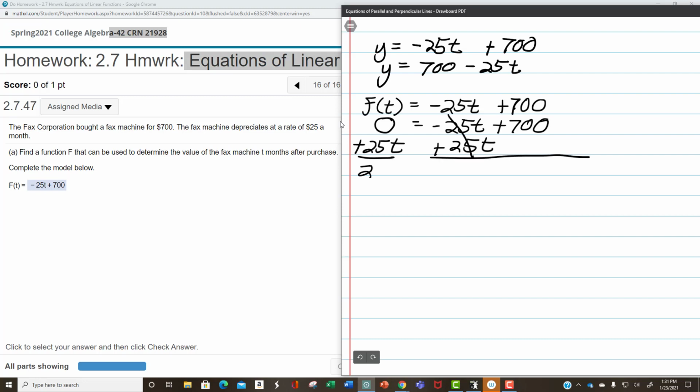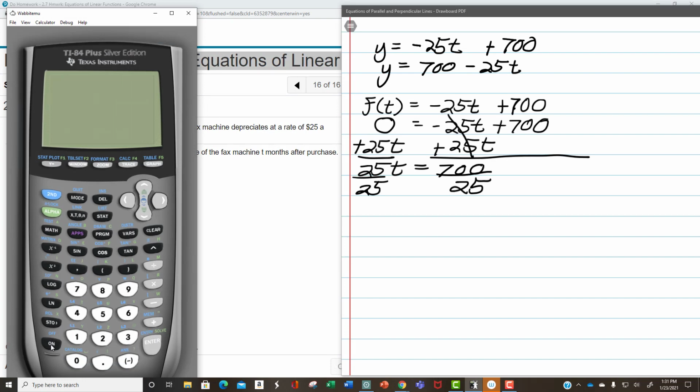So that gives me 25t equals 700. And when I divide by 25, this is what I will get. 700 divided by 25 is 28. 28 months.